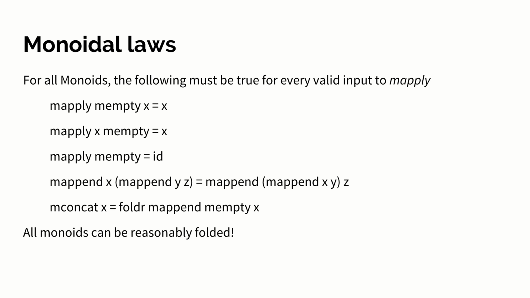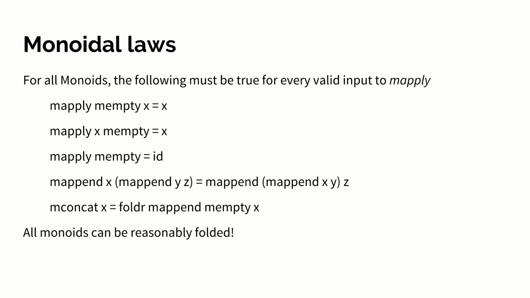To know if our monoid is truly a valid monoid, it must follow these laws for all valid values of x, y, and z that are within the monoid's defined set of values. Mappend mempty x equals x, meaning when we use mempty in the binary associative operation, it becomes equivalent to id.